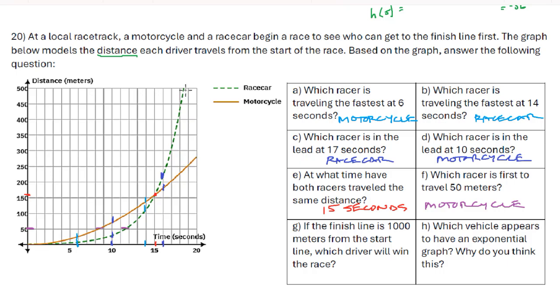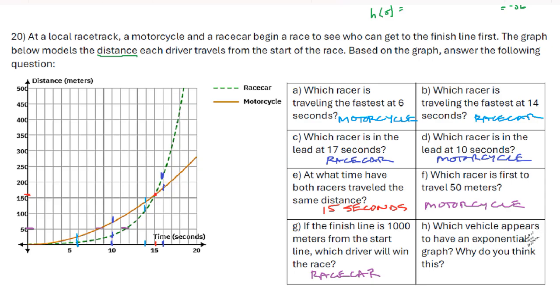So based on the graph, we're going to predict that the race car is going to win the race. And that's based on our final slope before the graph stops tracking their progress. And it's the race car.